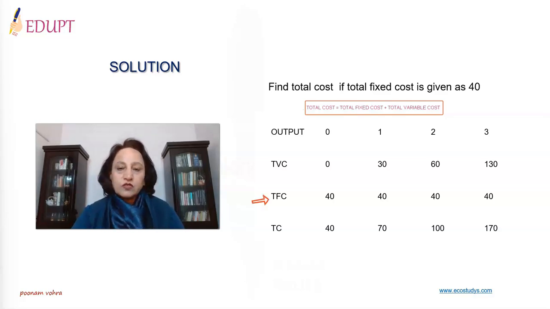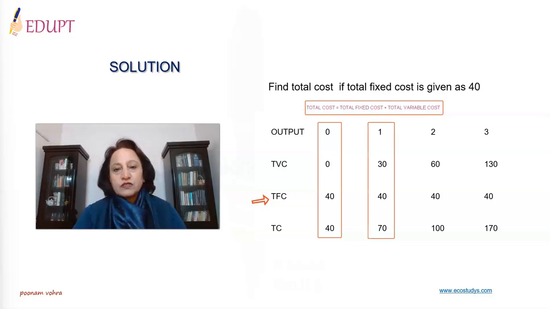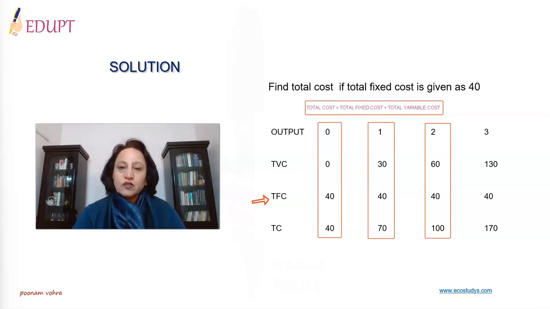So total cost is total fixed cost plus total variable cost, and one gets at 0 units of output, total variable cost is 0, total fixed cost is 40, so total cost is 40. When 1 unit is produced, total fixed cost is 40, total variable cost is 30, so it is 70. For the second unit produced, total fixed cost remains the same, total variable cost is 60, total cost is then 100.